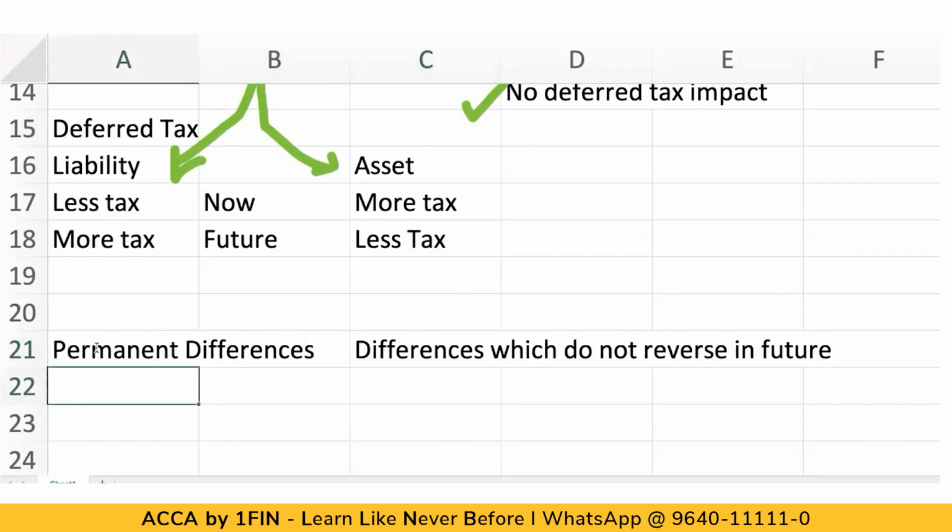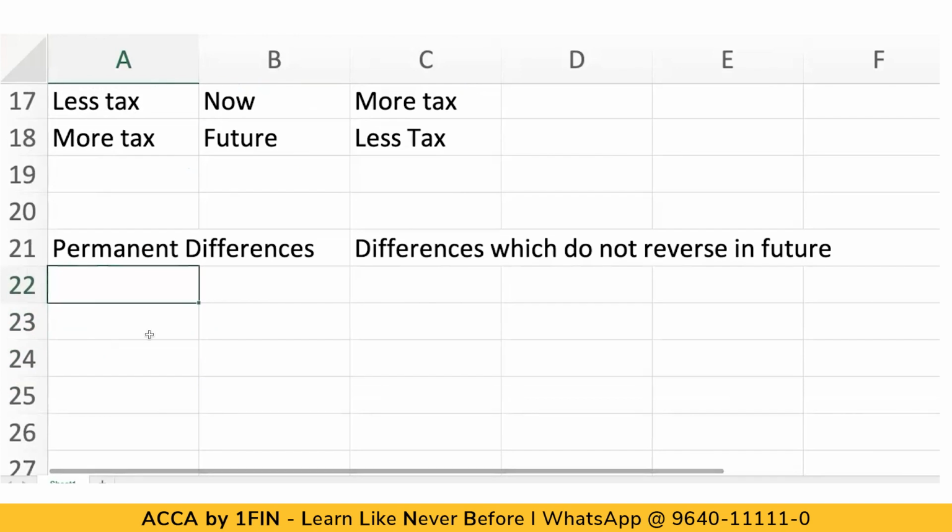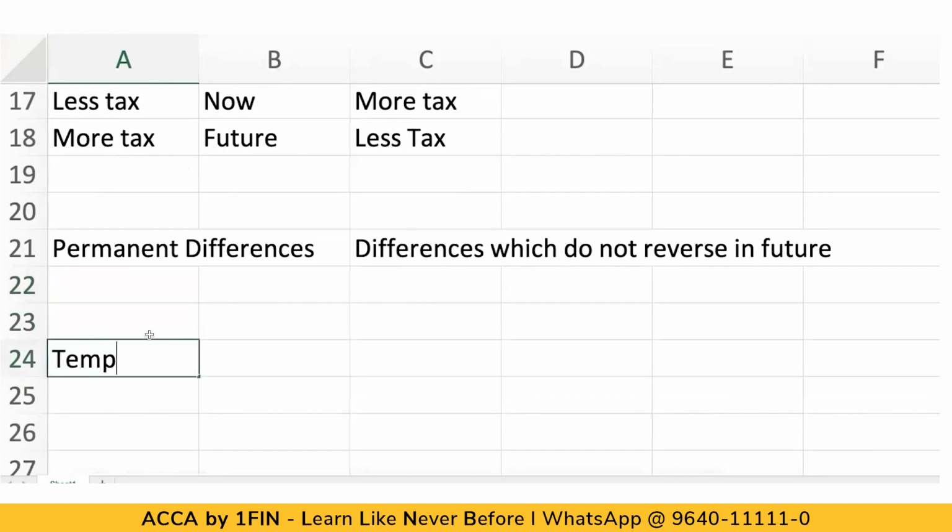For example, exempt income will never be taken for calculation of income tax. So if it is an exempt income, then there is no deferred tax impact. Similarly, if there is an expense which is never allowed, then also it is a permanent difference, no deferred tax impact.